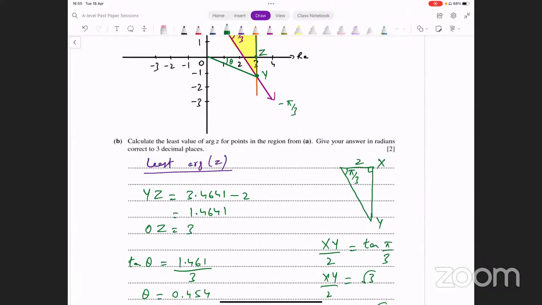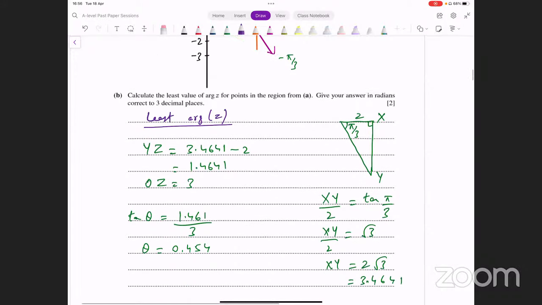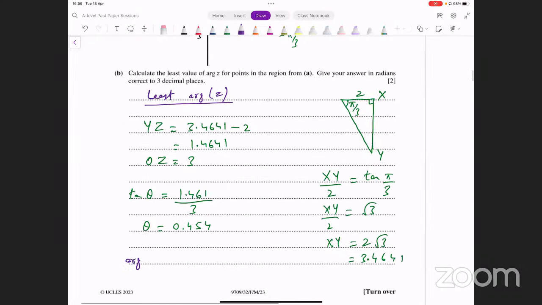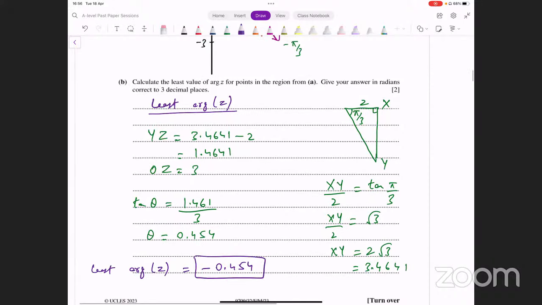But remember, we're looking for the argument. The argument is in the fourth quadrant. We are coming clockwise here, in this direction. When we write the argument, we will write a negative value. We will say the least possible value for the argument of z here is going to be minus 0.454. And that would be your final result here.